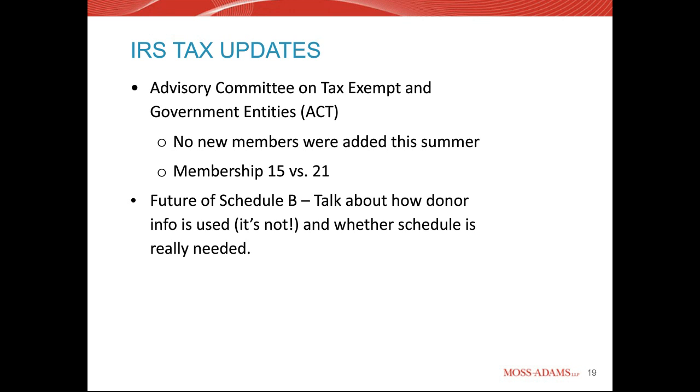Well, what's interesting is the House just passed a bill, and the IRS was even questioning, like, why do we even have to have Schedule B? There's no matching element with this.